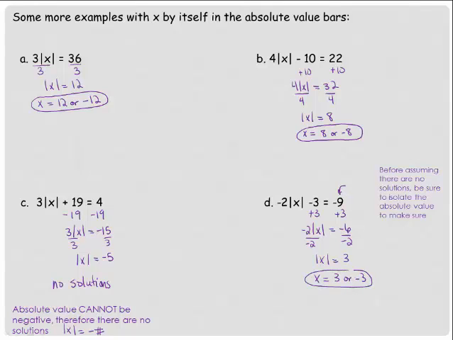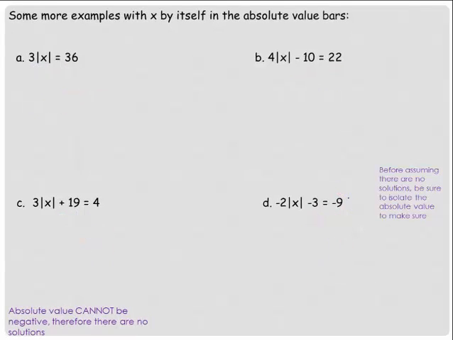So just because you see this, you have to make sure that it stays negative. If its absolute value equals negative, you have no solution. But if there are other things happening, you have to get the absolute value alone first.